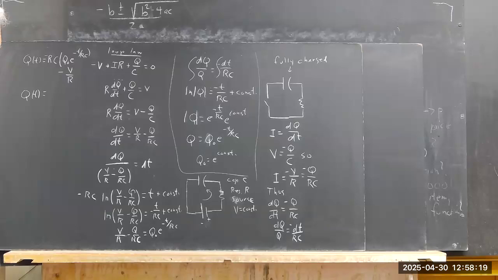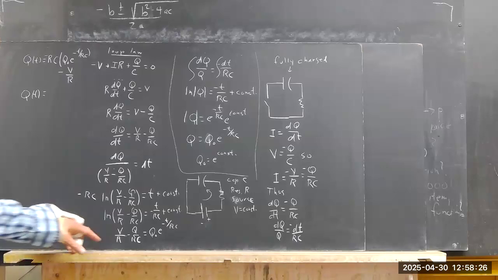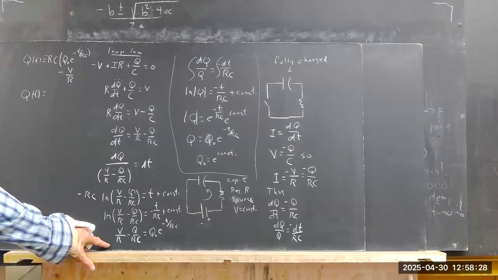If we multiply through by RC, then also multiply this by RC. And that's where I think I screwed up.